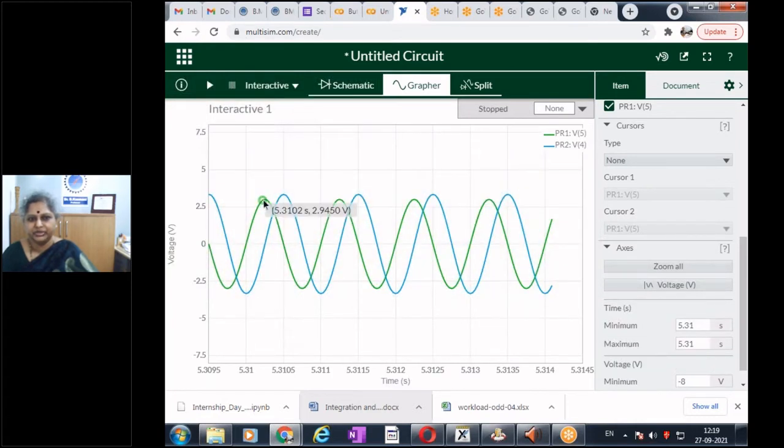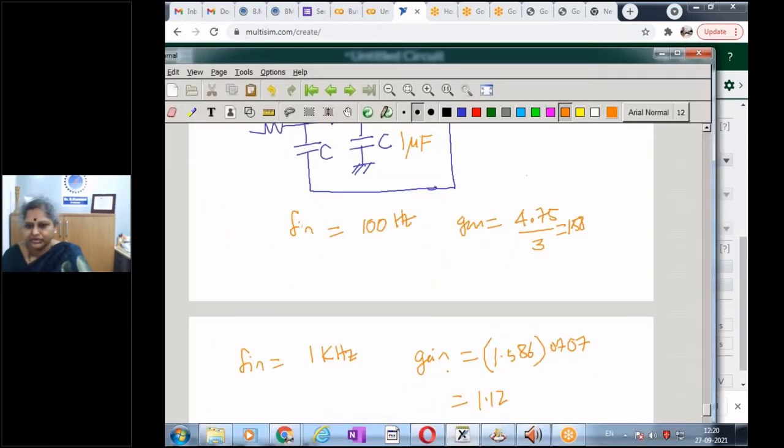And what is my input? Input is around 3 volts. What is my output? 3.33. Are we getting the expected gain? Input is 3 and my output is 3.3.